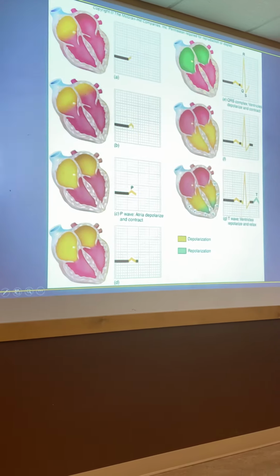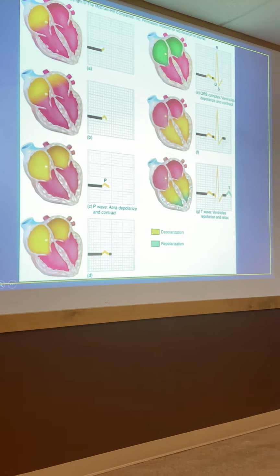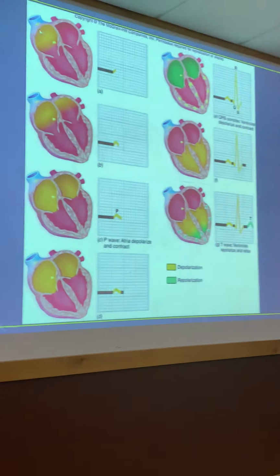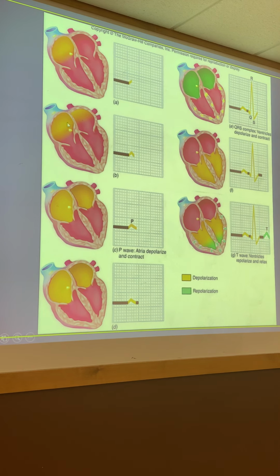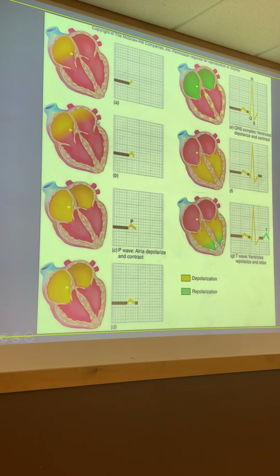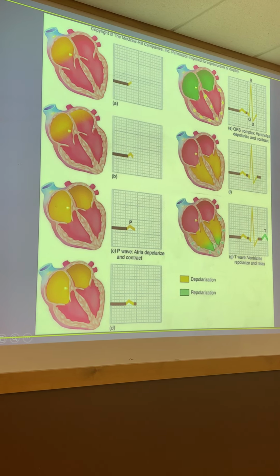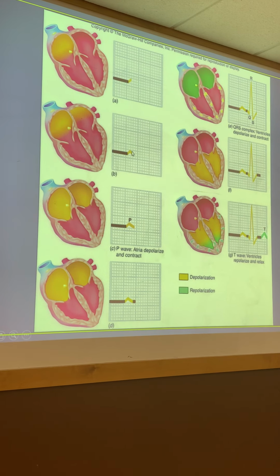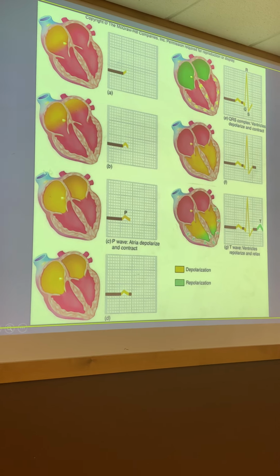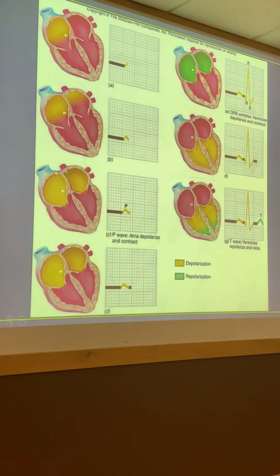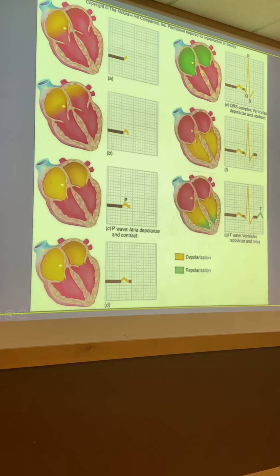This image is just showing how the wave looks. As the atria starts depolarizing in the upper right chamber, we get the little up wave. We move it to the left side, and we sort of finish the movement. Once we get completely done with the P wave, the chambers are completely depolarized.